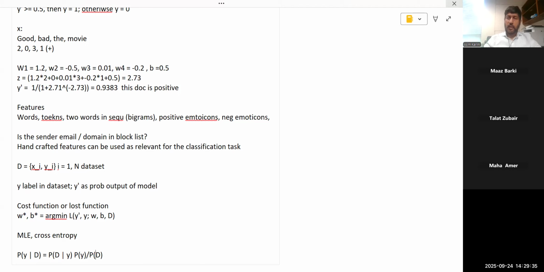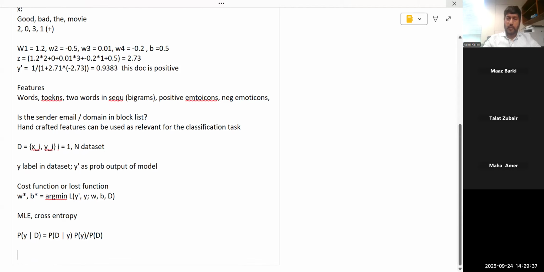ठीक है? So if that is the case, we simply need to maximize the probability of d given y. And this probability of d given y is called the likelihood. Why is it called the likelihood? Because this y, which is our model, can generate the data, most likely to generate the data.